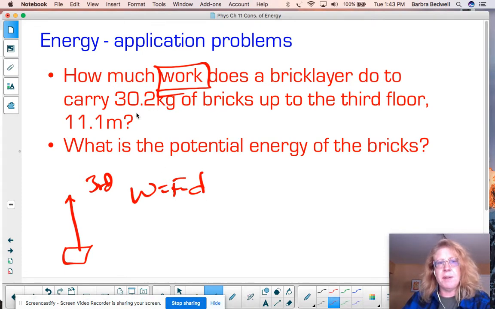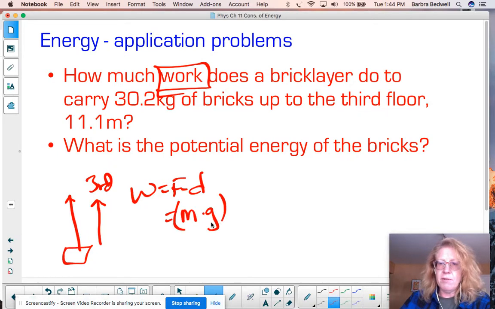But if we're trying to lift 30.2 kilograms of bricks up to the third floor, remember that in this case the force you're applying is against the force of gravity. You're doing work against gravity. So what this actually is, is m times g, the mass of the object times the acceleration due to gravity, times d.